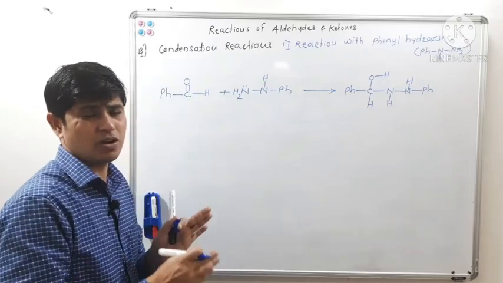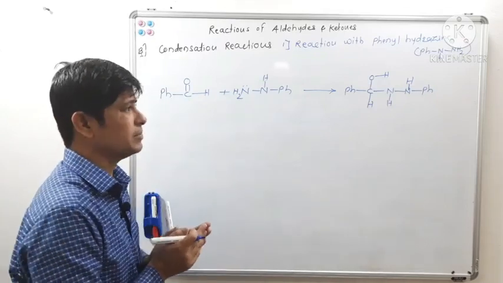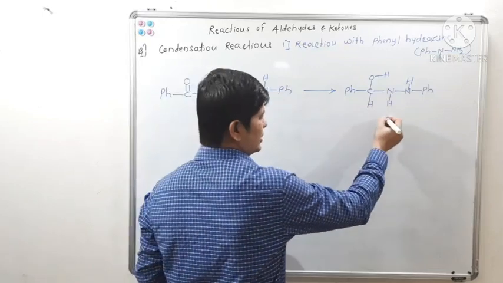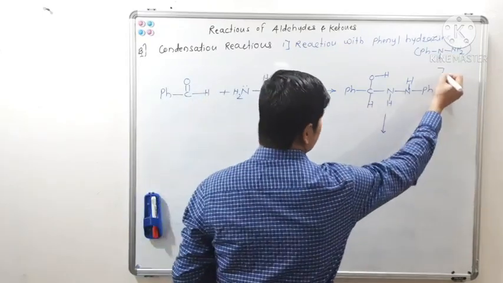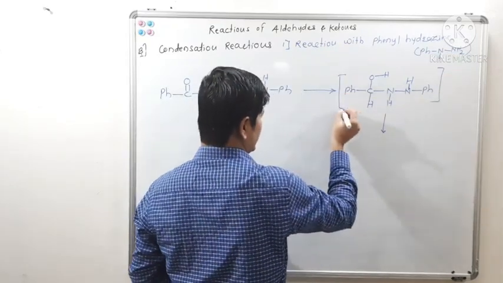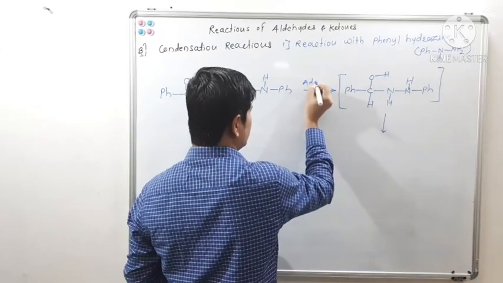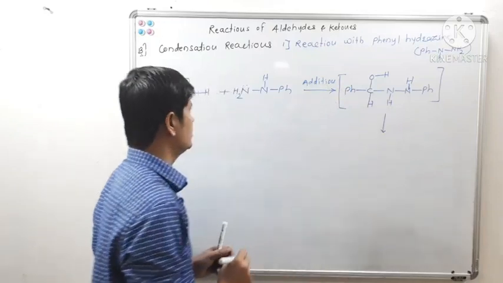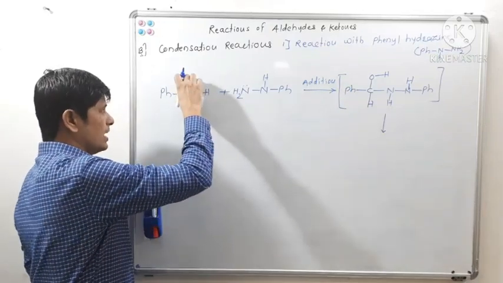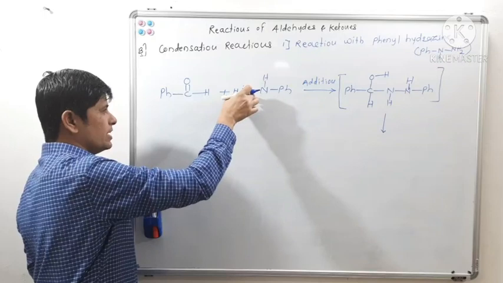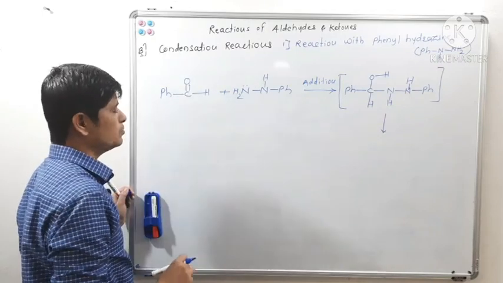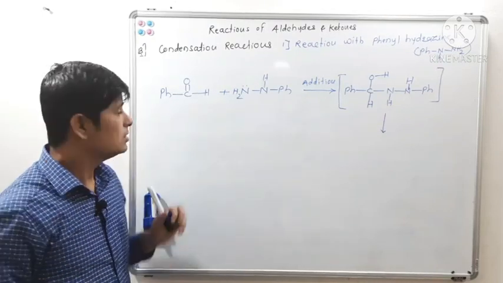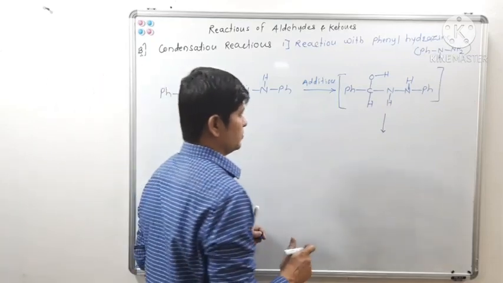In the first step there is formation of the addition adduct, but the reaction will not stop at this stage. In the first step the NH2 functionality got added to the carbonyl group.